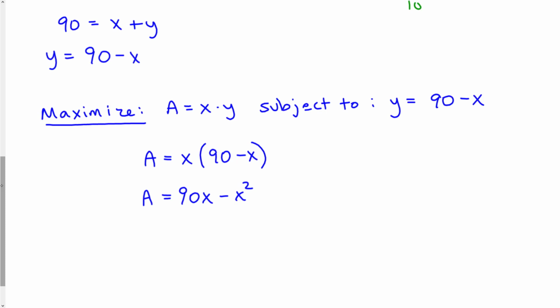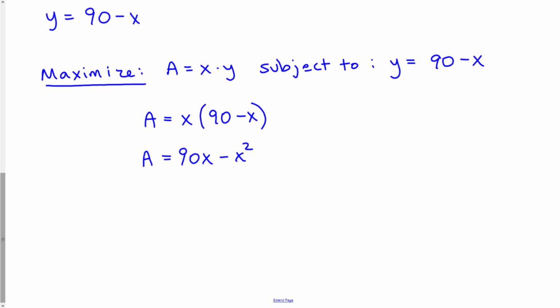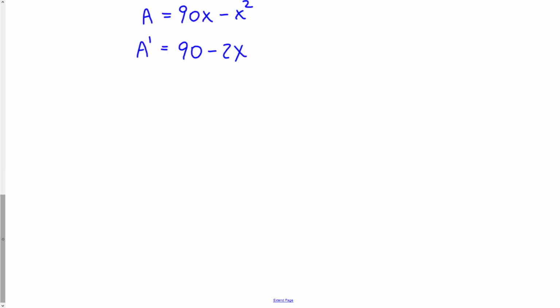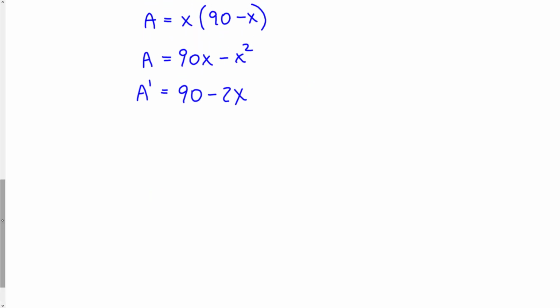If I want to maximize this particular function, all I need to do is take the derivative of this function, which would be 90 minus 2x. And we know that if we set derivatives equal to 0, we find locations of minimums and maximums. So I could set this equal to 0.